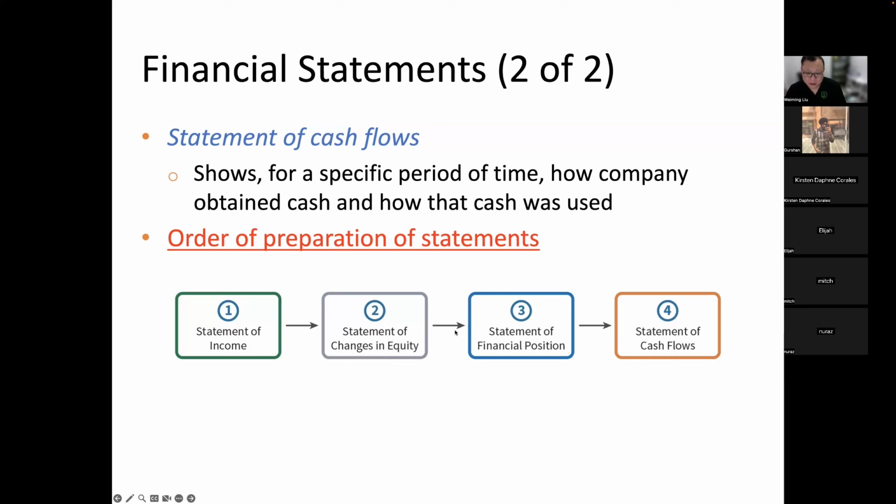And then all these positions will be shown in the statement of financial position. There is one particular account, the cash balance, on the statement of financial position, and you can know the opening balance of the cash and the closing balance of the cash. The difference has to be explained by the statement of cash flows.